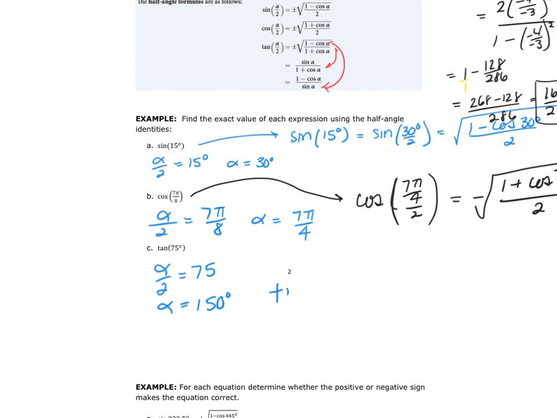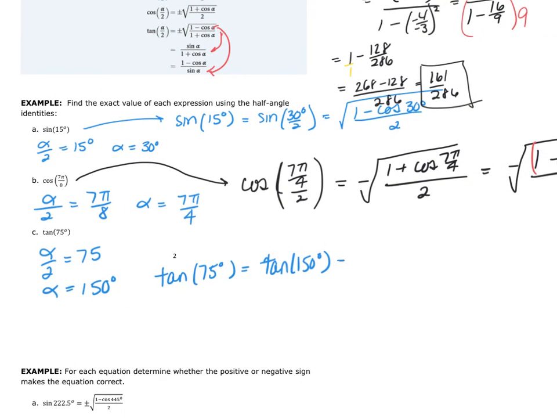So the tangent of 75 degrees is the same thing as the tangent of 150 degrees divided by 2. I can just go ahead and find the tangent, but I'm going to do it this way. I'm going to have 1 minus the cosine of 150 degrees divided by the sine of 150 degrees.